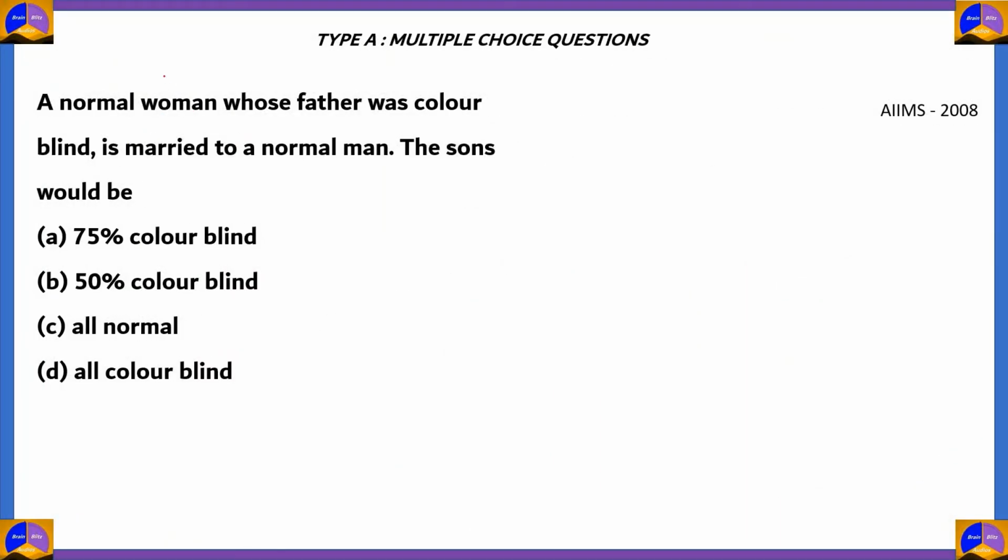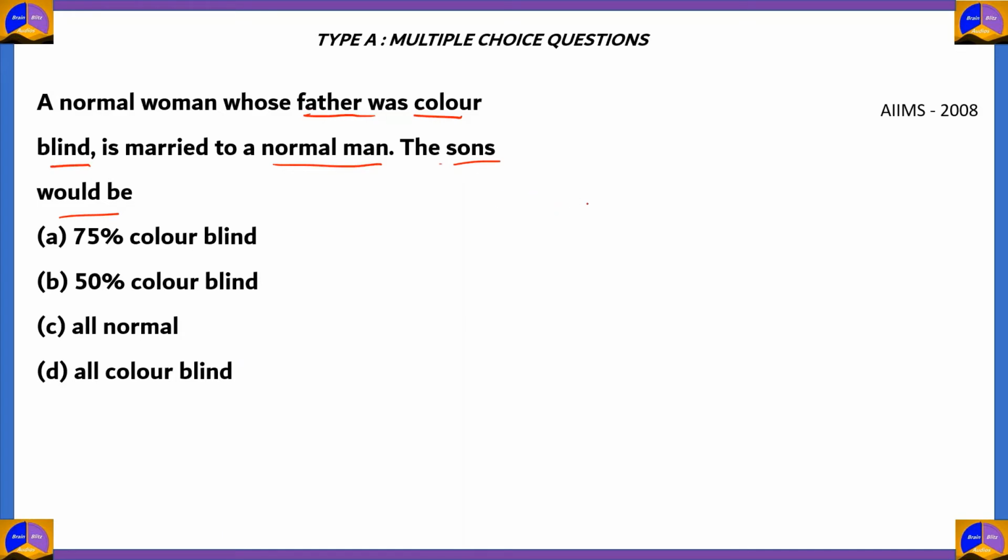Next question. A normal woman whose father was colorblind is married to a normal man. The sons would be 75% colorblind, 50% colorblind, all normal, all colorblind.